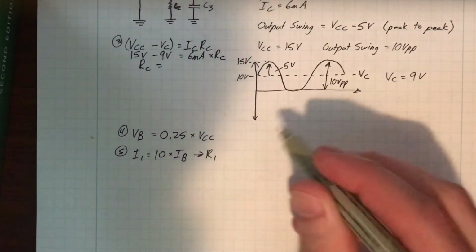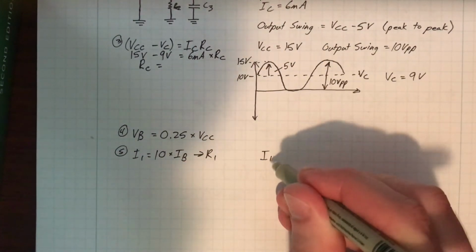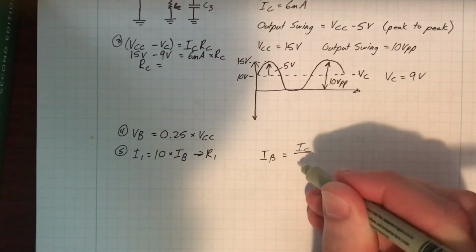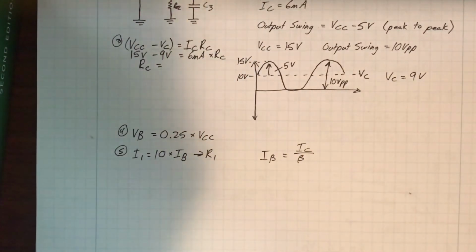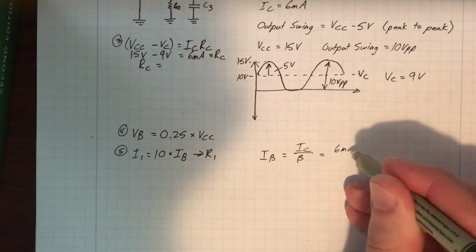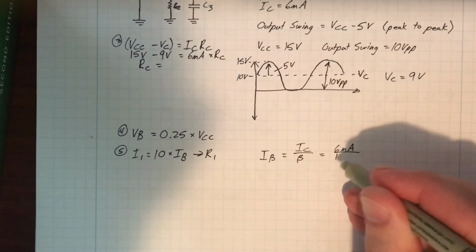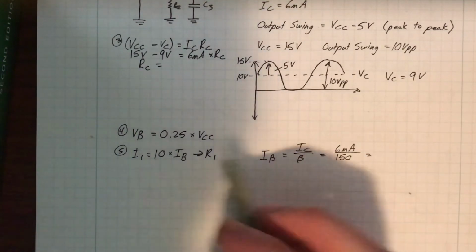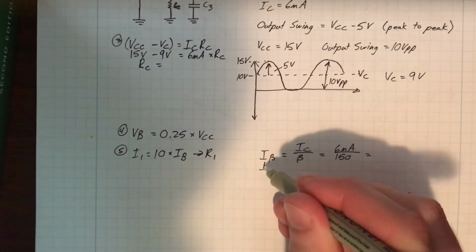So IB is equal to roughly IC over beta. And you know IC is 6 milliamps. Beta is 150. So you can figure out what IB is. Once you know IB, then you can figure out what I1 is.